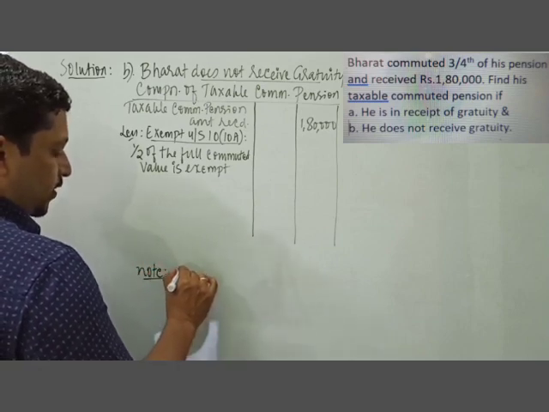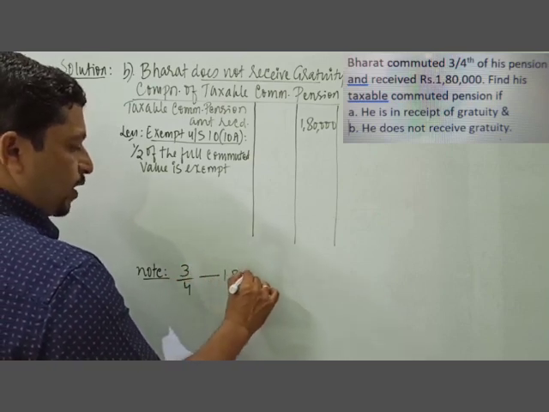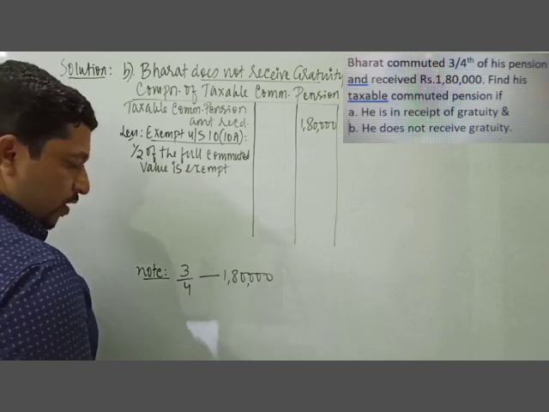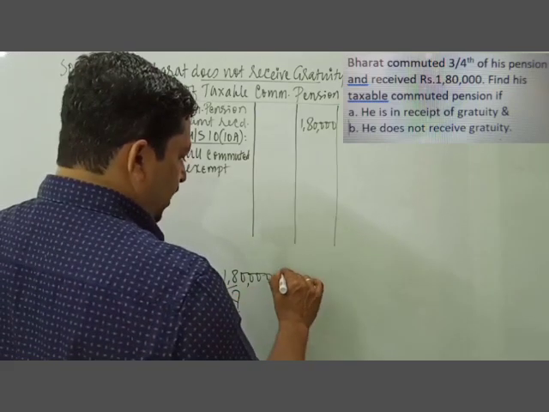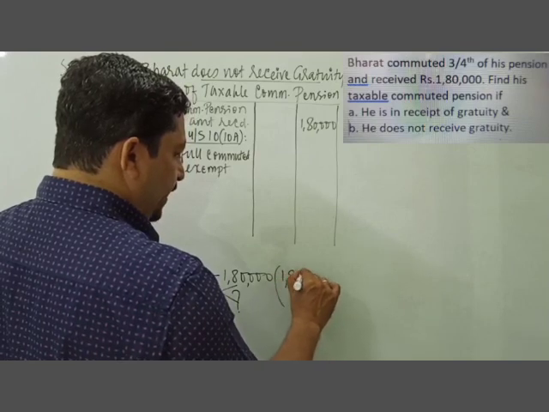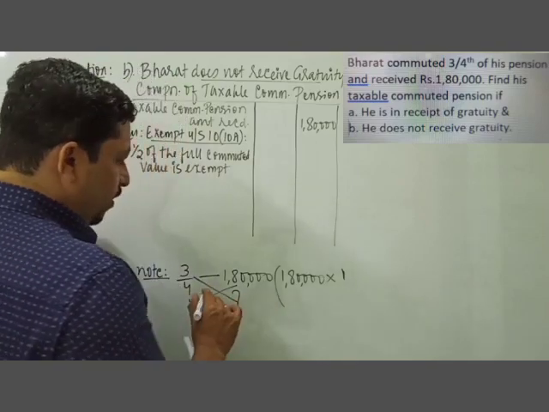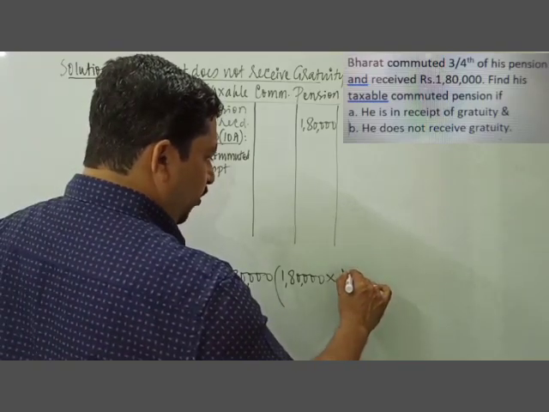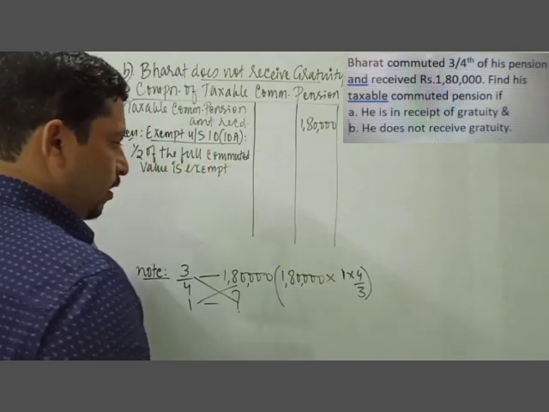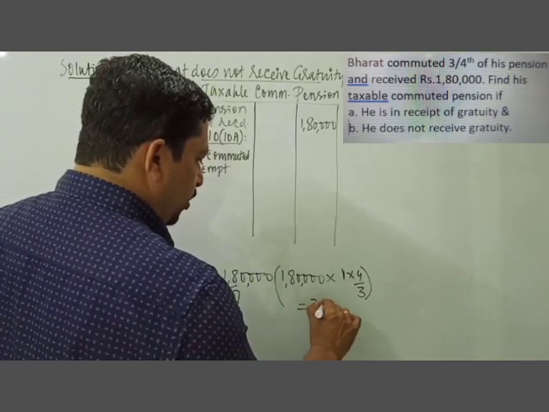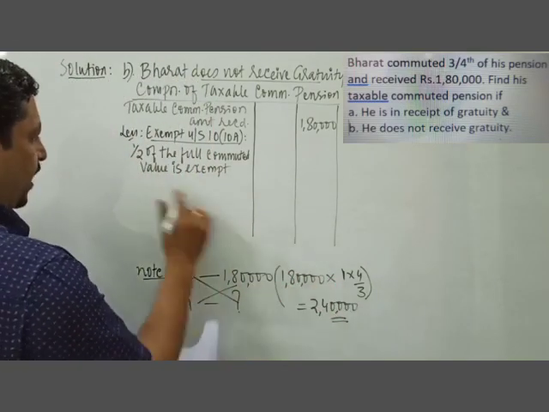We just discussed that Bharat has commuted 3/4 of his pension and he receives rupees 1,80,000. So the full commuted value 1 is how much? When I cross multiply, it will be 1,80,000 into 1 divided by 3/4, which is 4/3. When I calculate, I get 2,40,000 as the value. So I will write the same fraction over here.